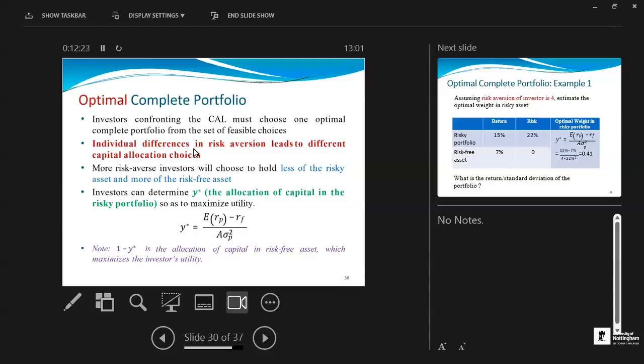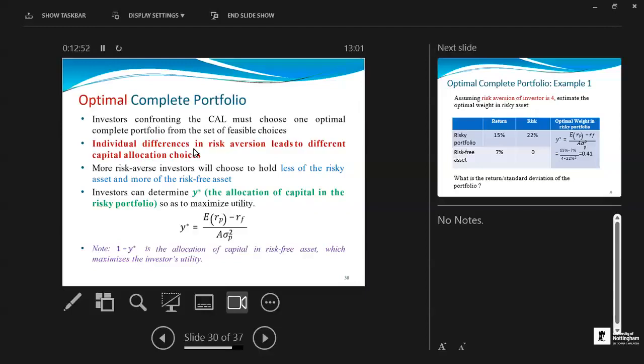So in order to create this optimal complete portfolio, individual differences in risk aversion lead to different capital allocations. More risk averse investors will choose to hold less of the risky asset and more of the risk-free asset. So investors can determine how much they're going to invest in the risky asset using the following formula, right?